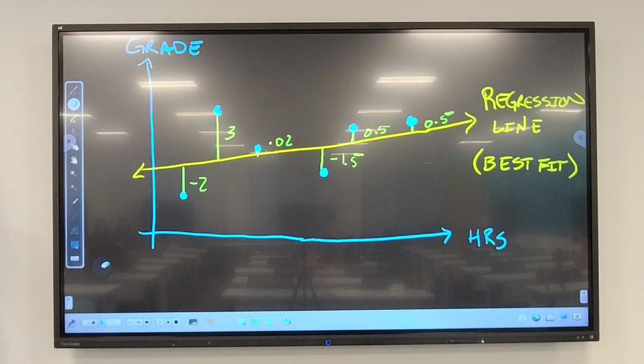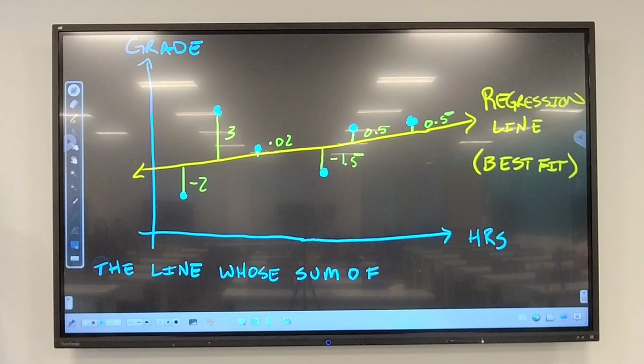It is the line, there's just one of them, whose sum of squared deviations is minimized.